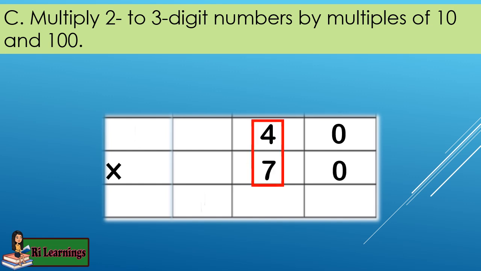Multiply only the non-zero digit of the multiplier to the non-zero digit of the multiplicand. 4 times 7 equals 28. Step 3. Add the number of zeros of the multiplier and multiplicand to the partial product in step 2. We have 2 zeros. The final product is 2800.